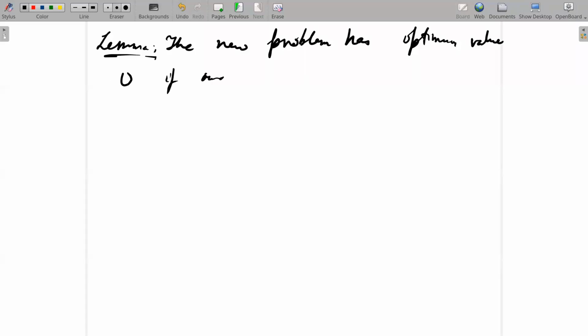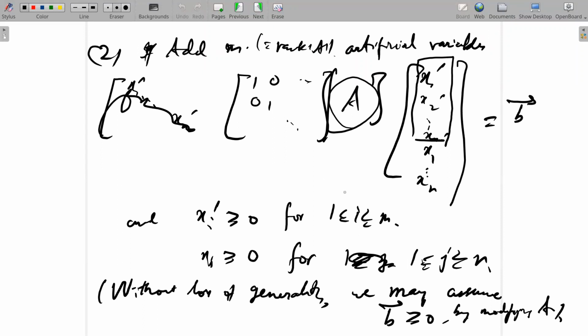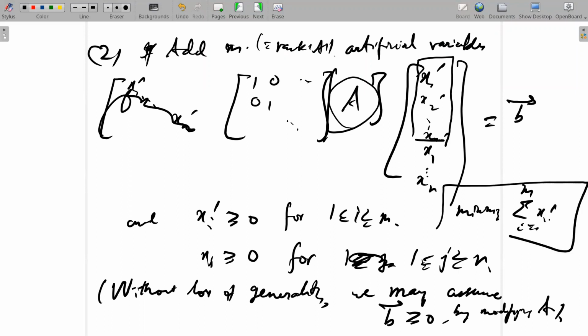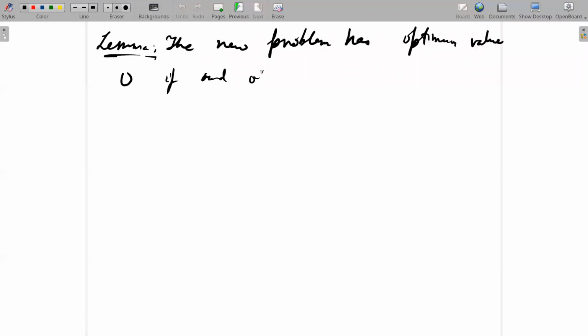Oh, by the way, I didn't even define what the problem is. So minimize the summation i equals 1 to m of xi prime, subject to these constraints. So this is the new linear program that we have constructed.